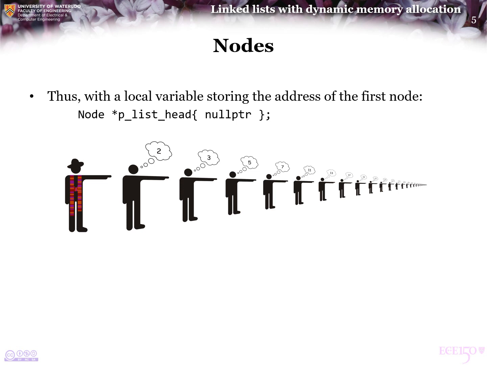The first node, in its pointer to next node member variable, will store the address of the second node. The second node will store the address of the third, and so on and so forth. The last node in the linked list will have as its next node the address null pointer.